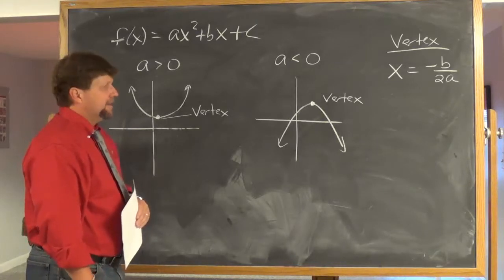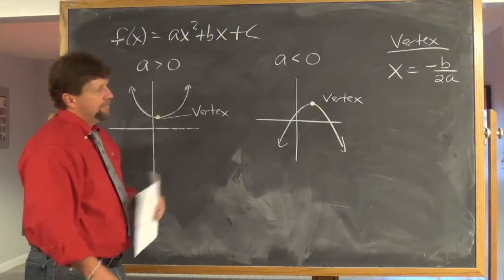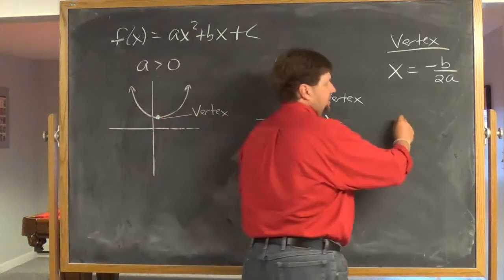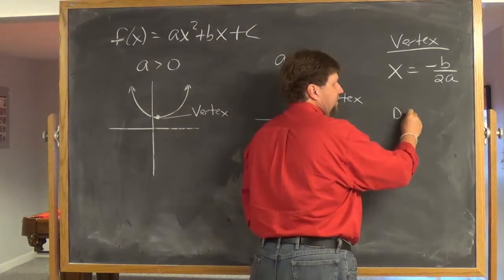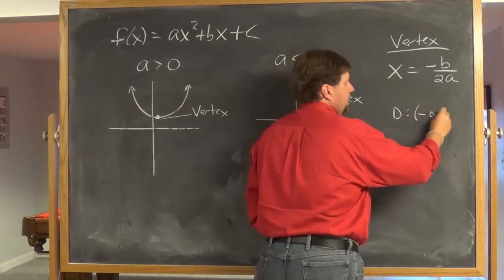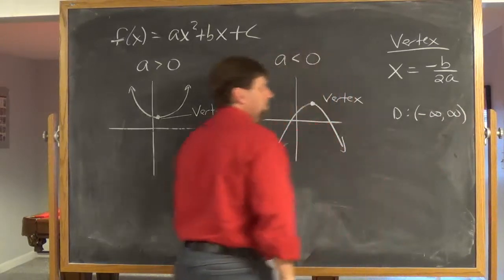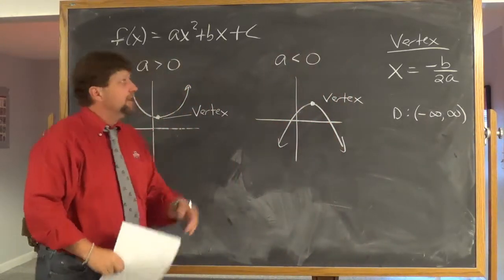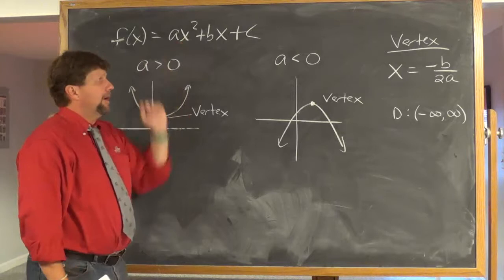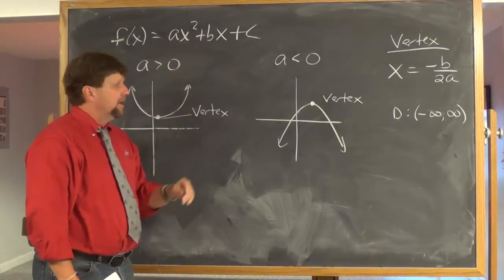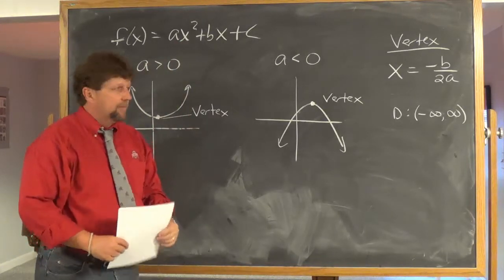Some other little facts about parabolas. Well, let's try to squeeze some facts in here. Domain is all real numbers. So for any quadratic function, the graph is a parabola. The domain is all real numbers.